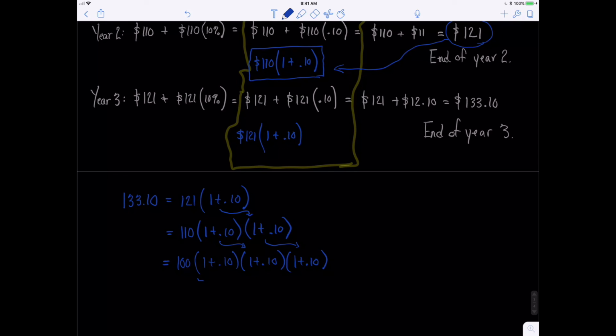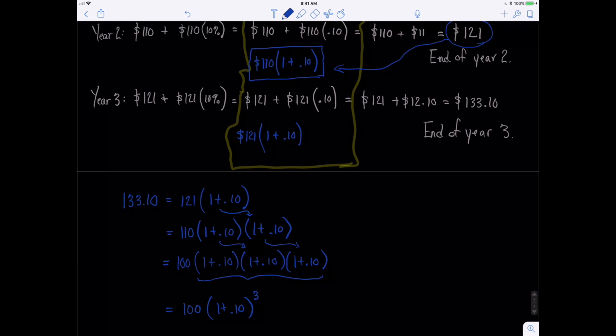Well, look at this. This is repeated multiplication of the exact same thing. So we can write this even tighter as 100 times 1 plus 0.10 raised to the third power.